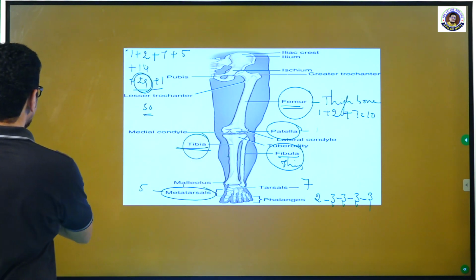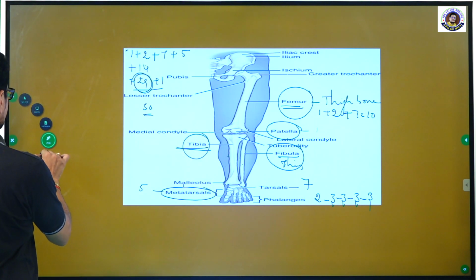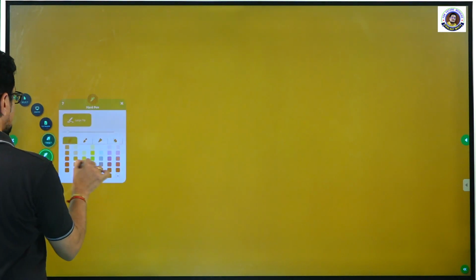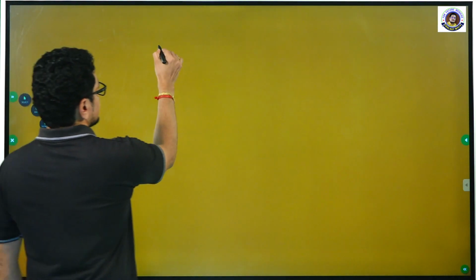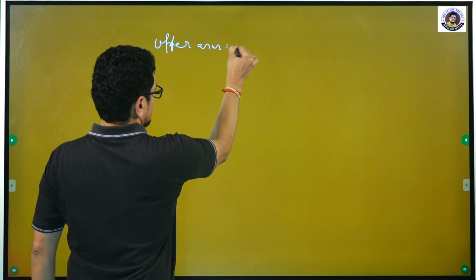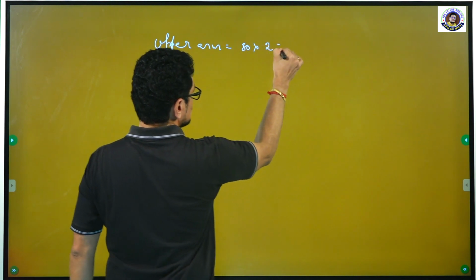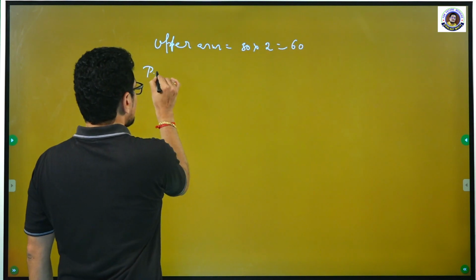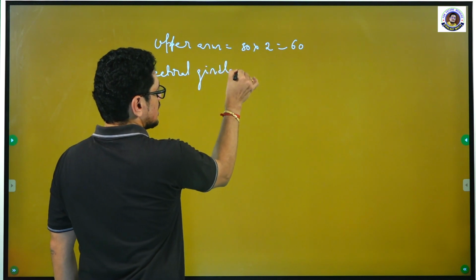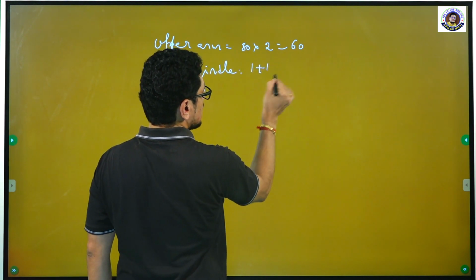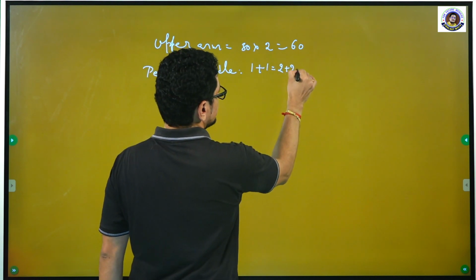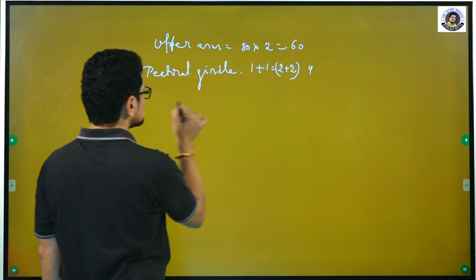Now, my dear friends, just recollect and tell me. Regarding the upper limb, 30 into 2, 60 bones, and pectoral girdle: clavicle, scapula 2, and on the other side 2, so 2 plus 2, 4. 64 bones over.